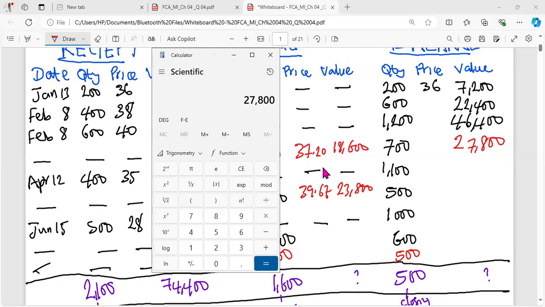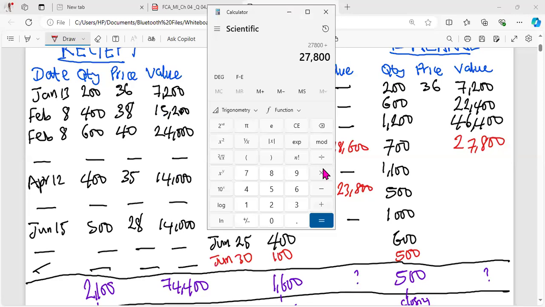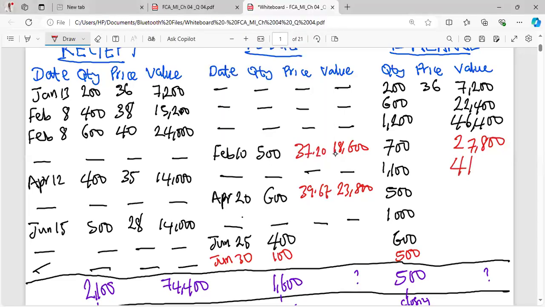So we'll add the 14,000 to it. That gives us 41,800 here. And now we are removing 23,800 from it.